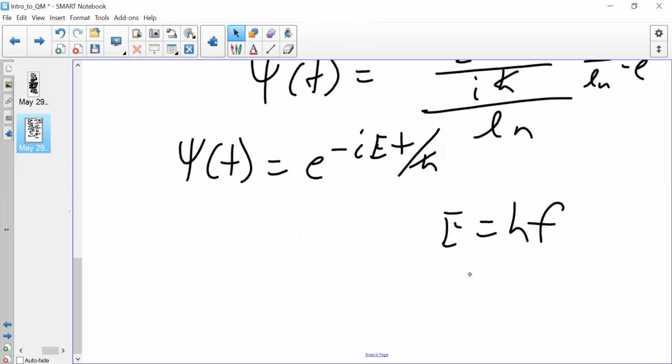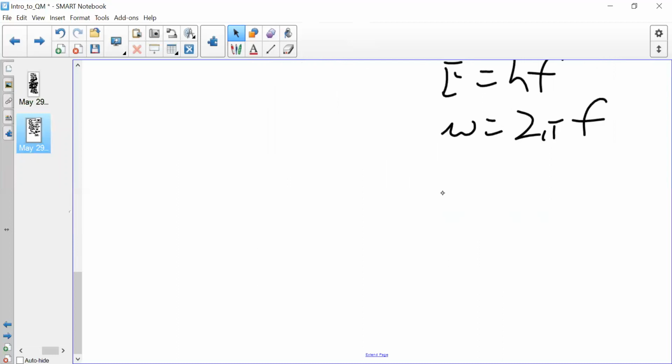We also know that omega equals 2 pi f. And so f will be omega over 2 pi. So another way of deriving the same thing is with ħω.